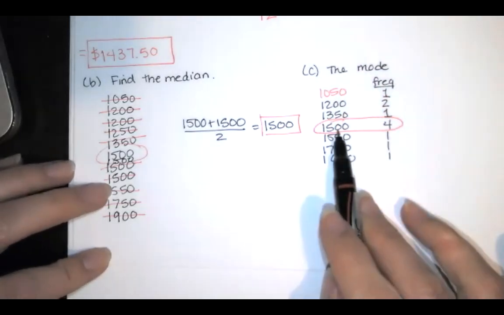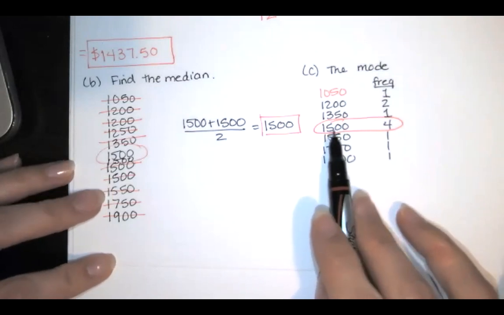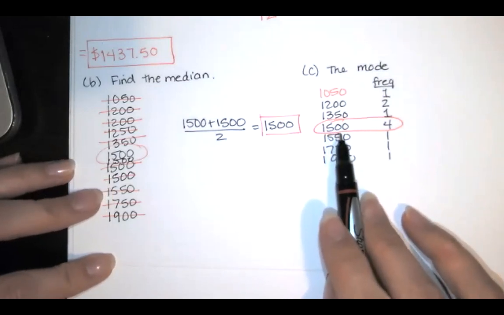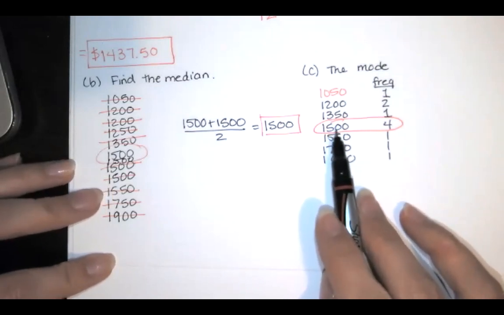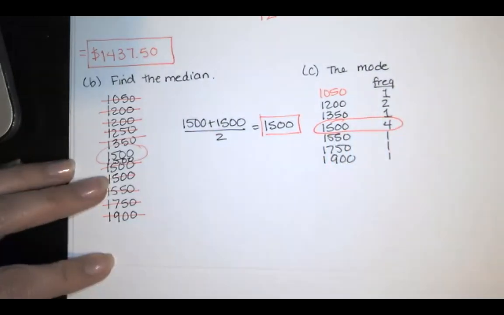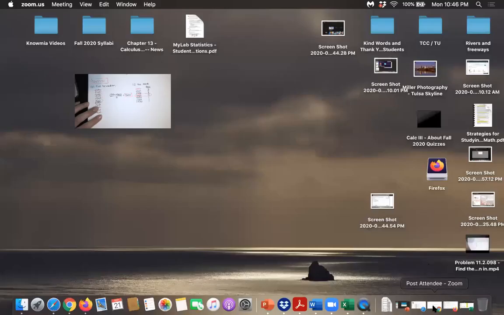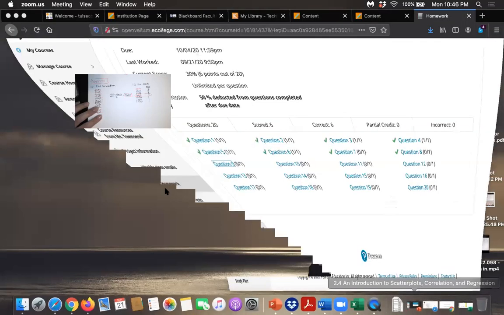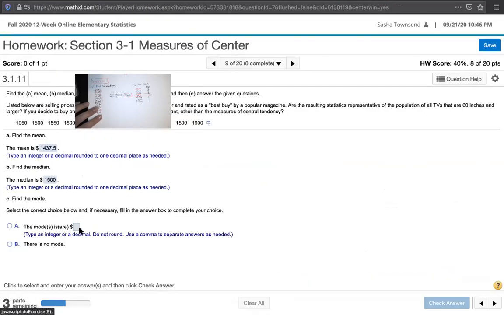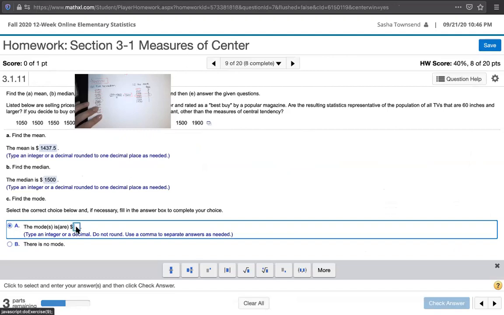The mode is 1500 because there are 4 of them. That is the price of a 60-inch plus TV that appears most often, at least in this data set of 12 selected TVs. Okay, so let's go back to our homework and say the mode is 1500.